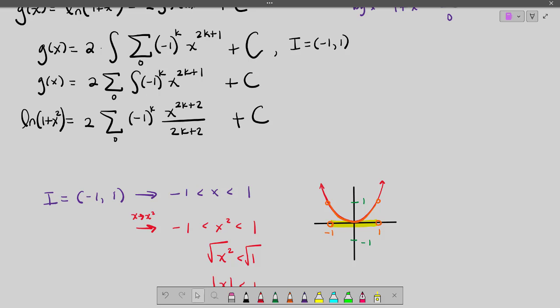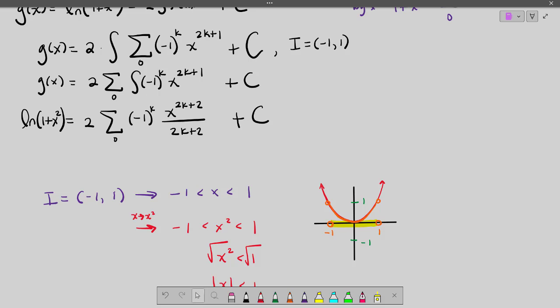If we plug in x equals 0 on the left, what do we end up with overall on the left? 0, because plug in 0, get natural log of 1, natural log of 1 is 0. So that means if we plug in 0 on the right, we also need to get 0. Otherwise, they're not equal. So let's check.